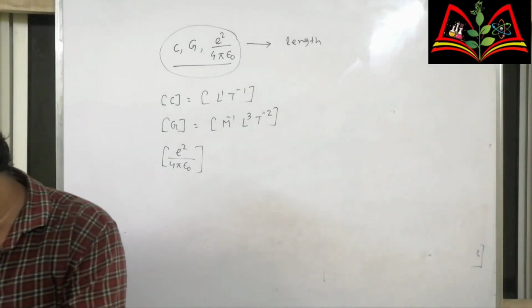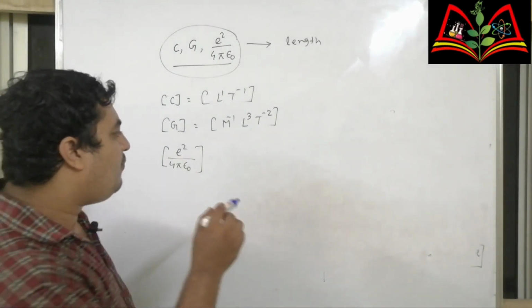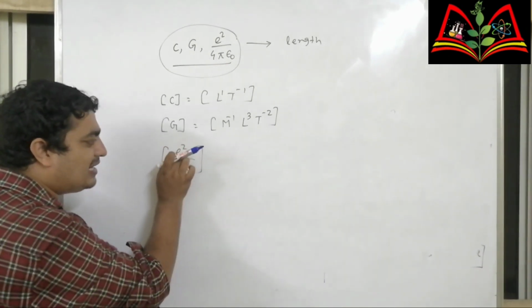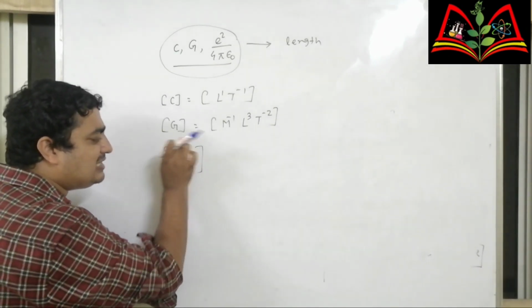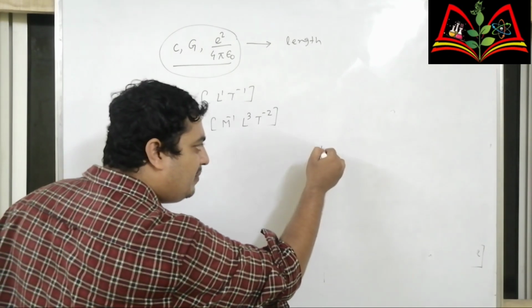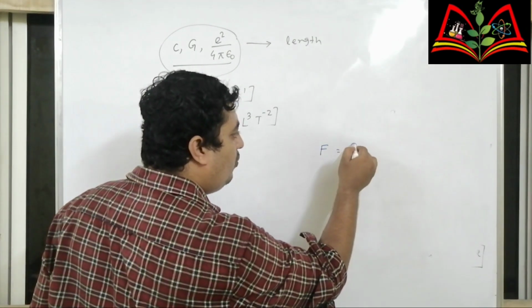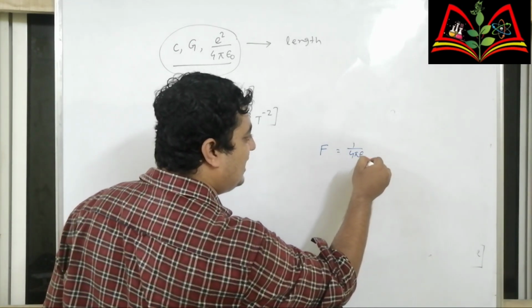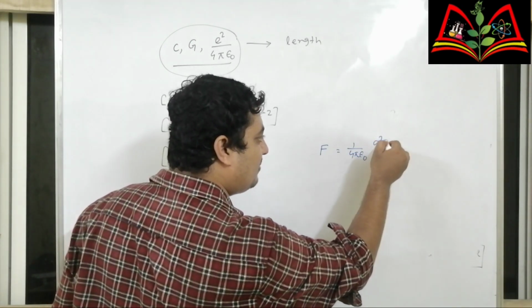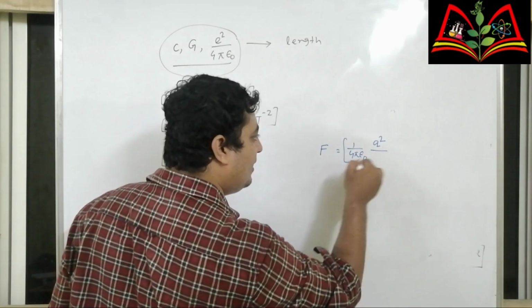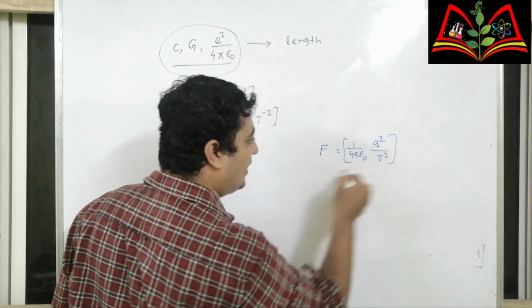Now simply you observe here E square, that means charge is squared. Now remember Coulomb's law, F equal to 1 by 4 pi epsilon naught Q1 Q2, that may be written as Q square by R square.